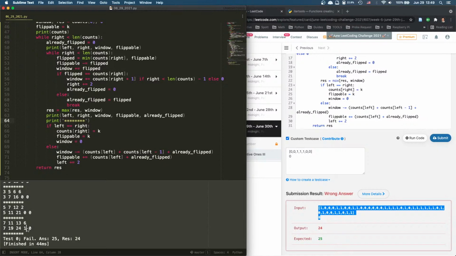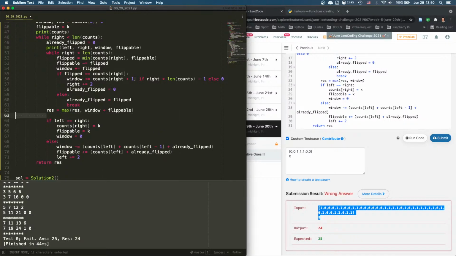That's the one. So I think all we need to do is max window, that's the window, and we have the remaining flippable. And the flippable usually is 0. Yeah, so I think it's just window plus flippable to handle the situation where at the end, right, we still have more.